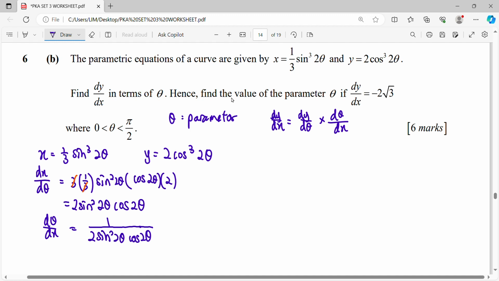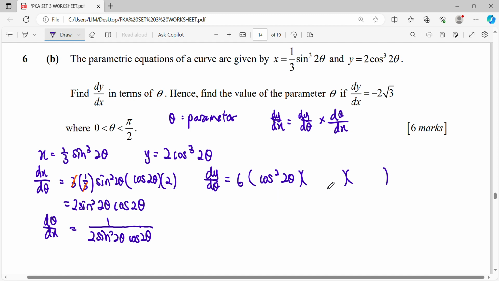For the other part y, dy/d theta, repeat the process. Differentiate trigo, 4 steps: power turun depan, times 2 becomes 6, power tolak 1, so cos cubed becomes cos squared.